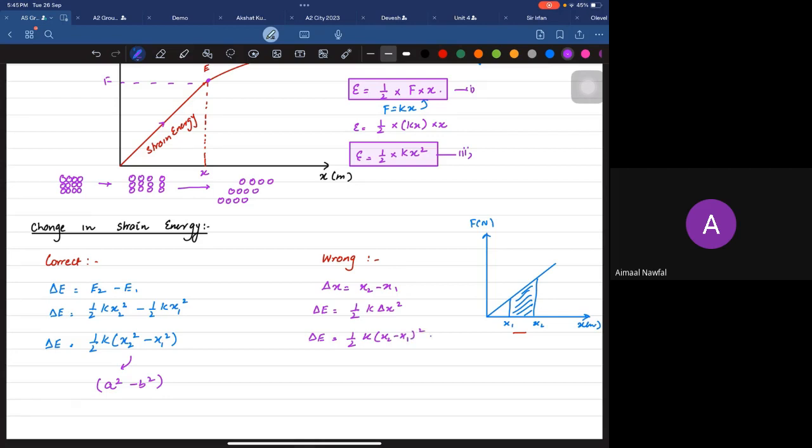Both formulas are completely different, because this represents a completely different function. It will give you a wrong answer. Is it clear, everyone? So do not do the first one. Whenever you're finding change in energy, you have to find the change in energy, not the change in extension.